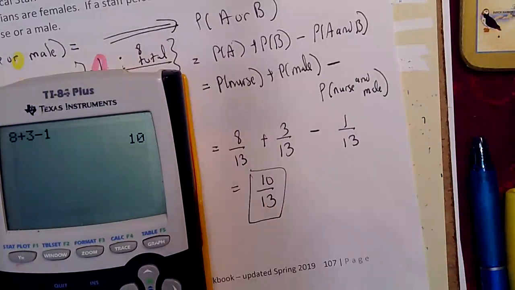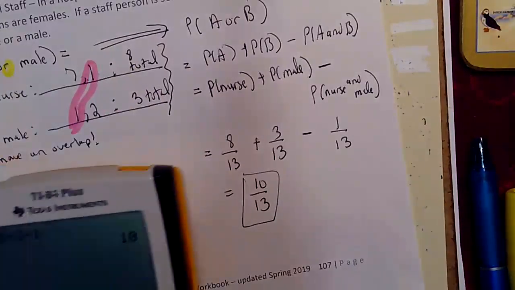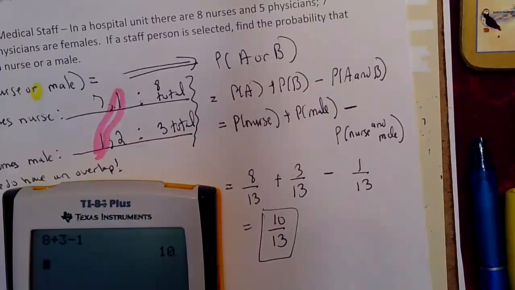And that cannot be reduced. So on your homework, sometimes the tables are drawn and sometimes they're not. So you'll have to be prepared to sometimes draw up your own table, like I did here on this problem.